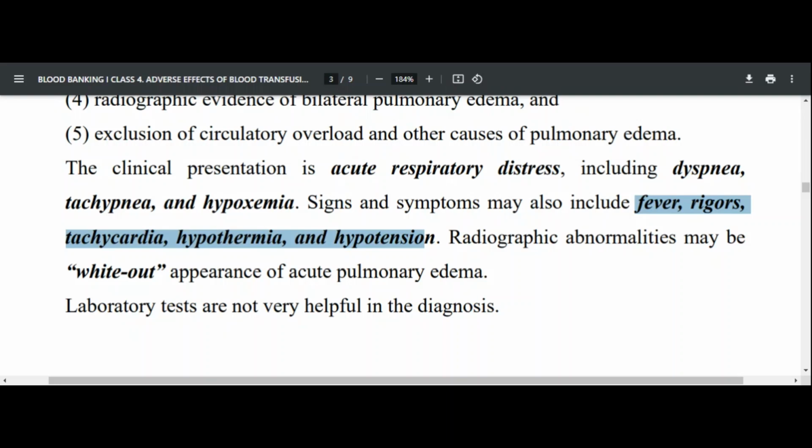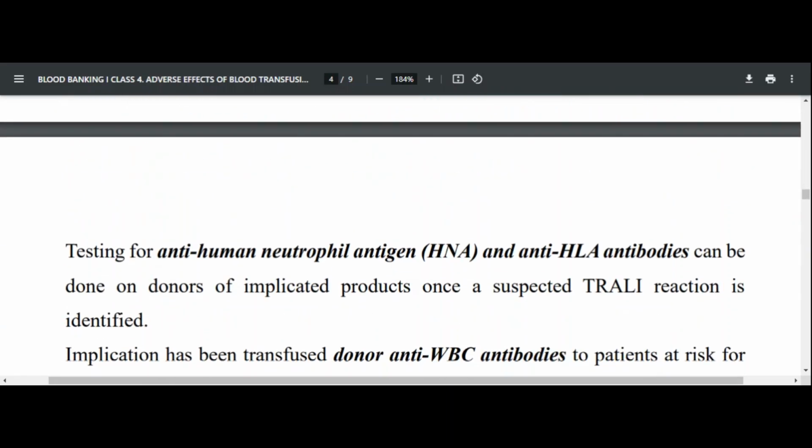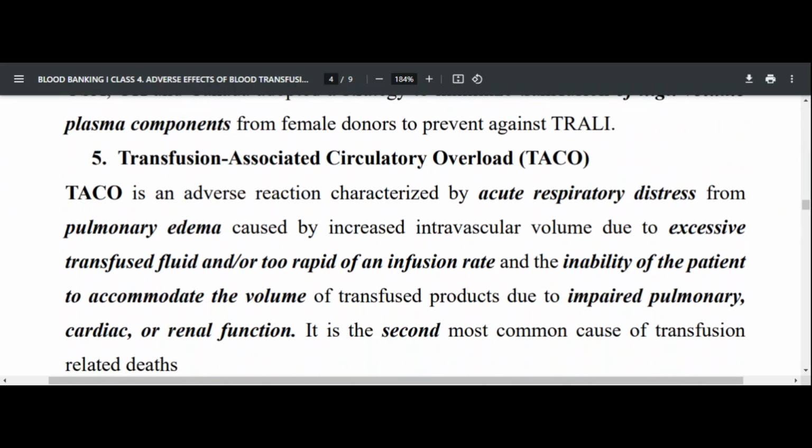TRALI is about injury of the lung. Those symptoms also include respiratory distress, but there are many differences here, even if you don't use lab tests.